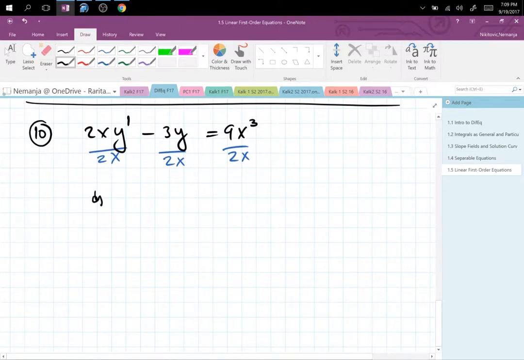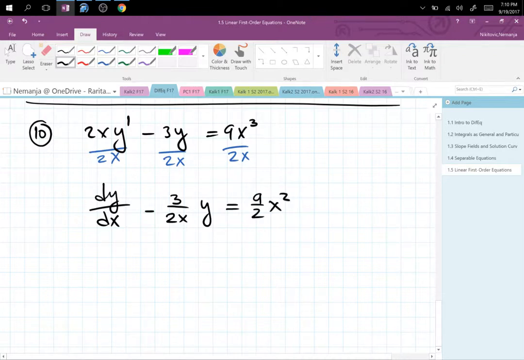So we have dy dx minus 3 over 2x, and then I'll say y on the side so we can see p of x clearly, equals 9/2 x squared. So this is our transformed differential equation. We also see from here that x is not allowed to be 0 anymore because we just divided by x, right? So that's another observation that you need to be careful about.